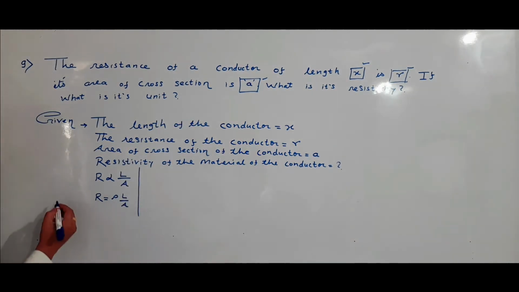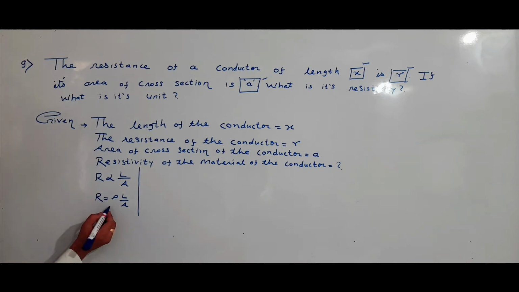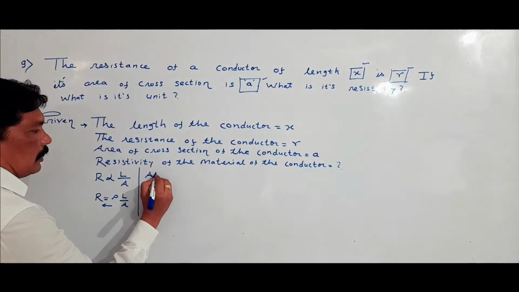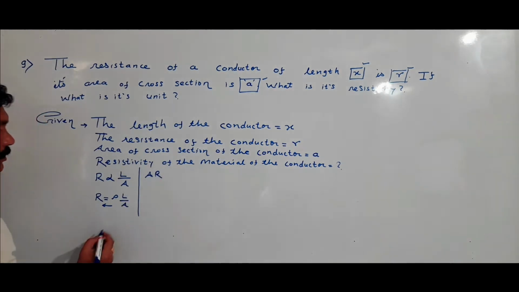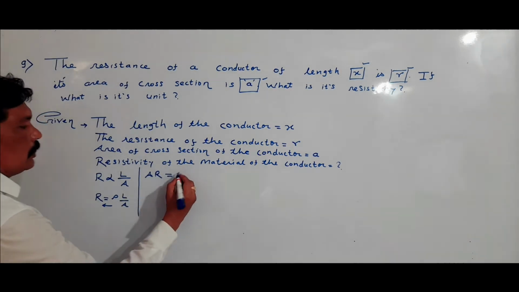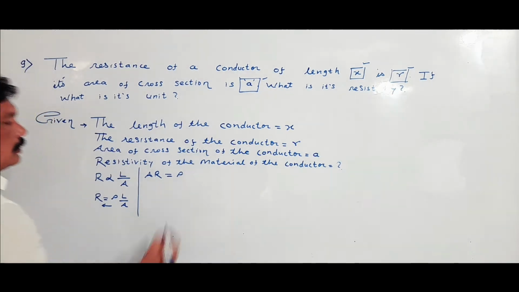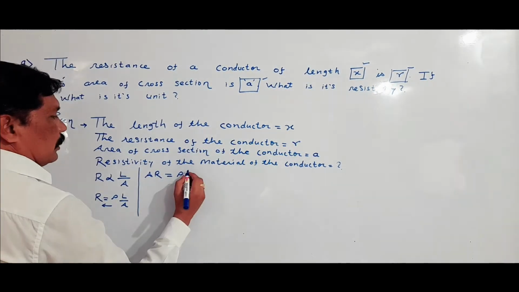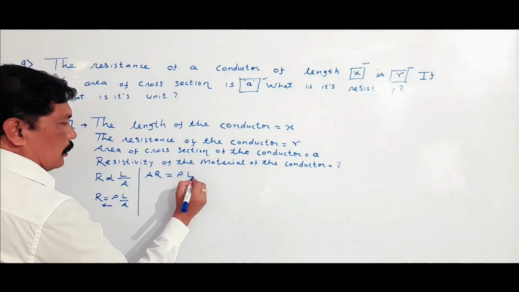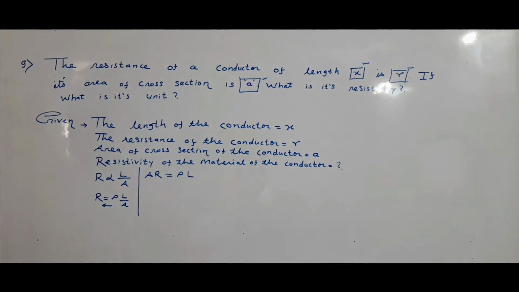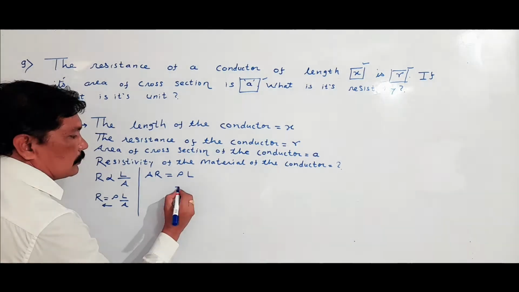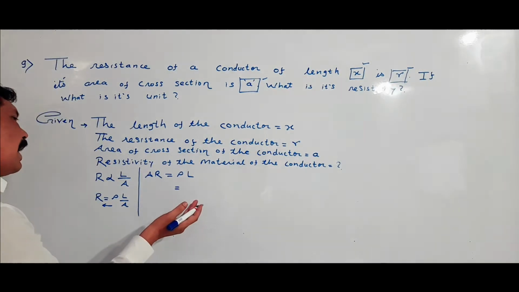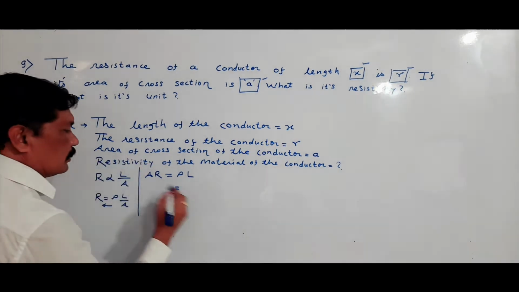We'll take A to the other side of the equation. A R is equal to resistivity of the material of the conductor into length of a conductor. We will take length of the conductor L to the other side of the equation.